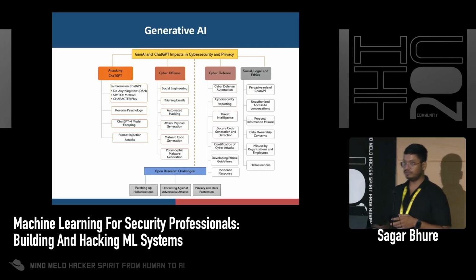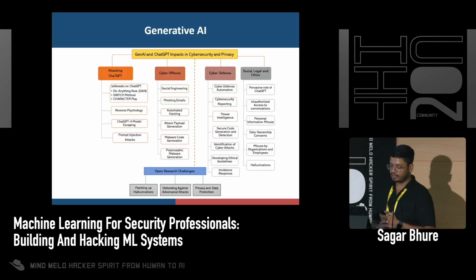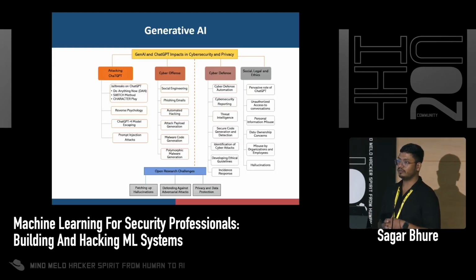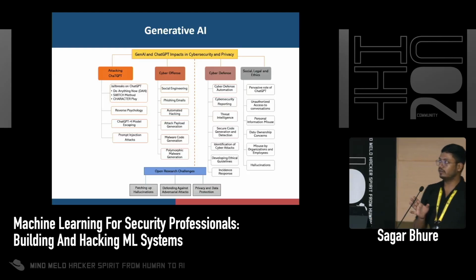Okay, now before going to the CTF part, let's talk about generative AI and its security for a couple of seconds, since there are a lot of attack vectors that are quite fascinating in the Gen AI world.